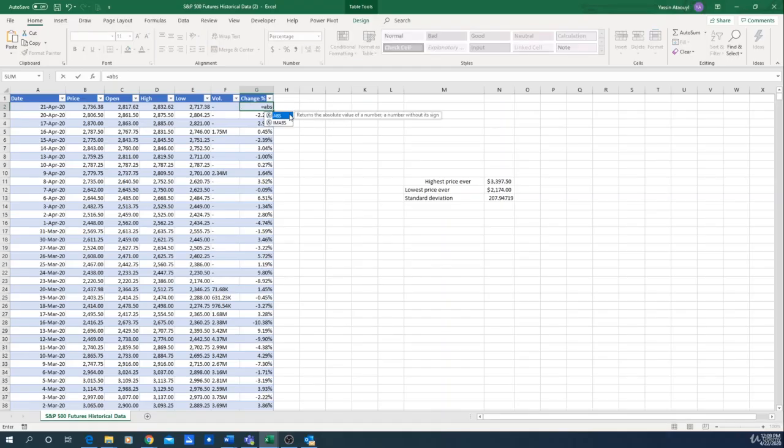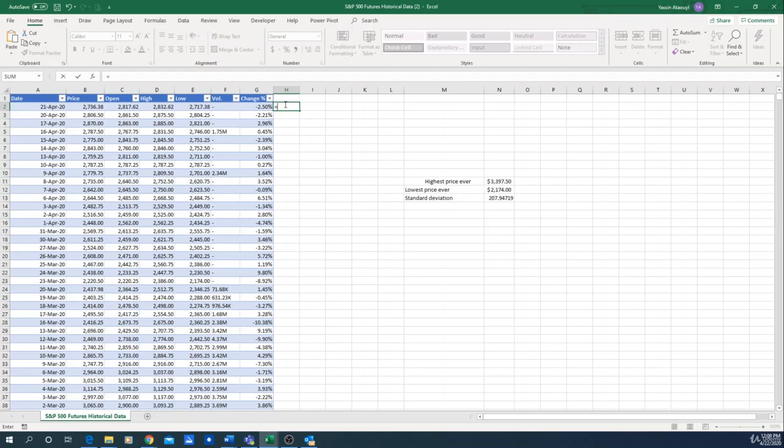It's simply because if we don't use the ABS formula, we'll have only the highest movement. So for example, 1% is higher than minus 10%, but our goal is to calculate the biggest movement. So minus 10% will be a bigger movement than plus 1%.